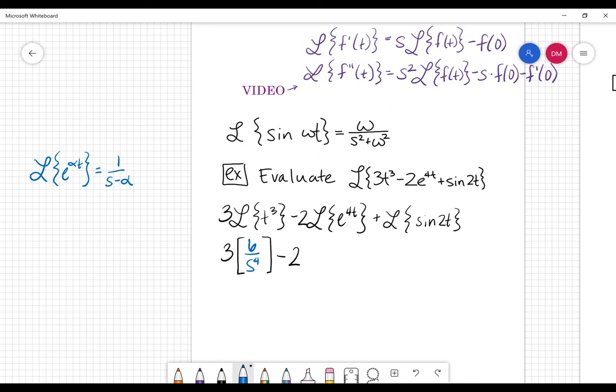So for our purposes here, alpha is equal to 4. And to perform that transform, I'm taking negative 2 times 1 over s minus 4.